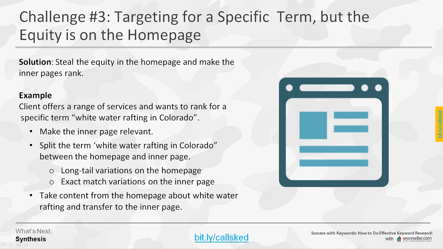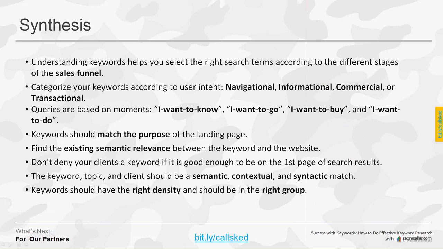This is an example, by the way, of matching the keyword to the purpose of the page, right? The purpose of the keyword must be a match for the purpose of the page. So in summary, understanding your keywords helps you select the right terms according to the different stages your customers are in inside your sales funnel, or where they are or how mature they are inside your customer journey.